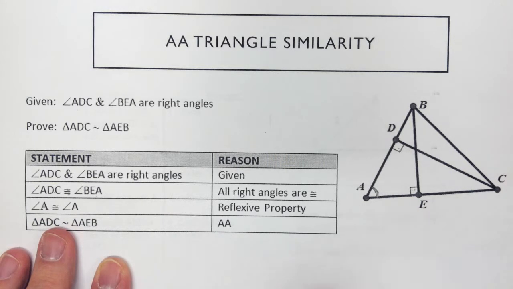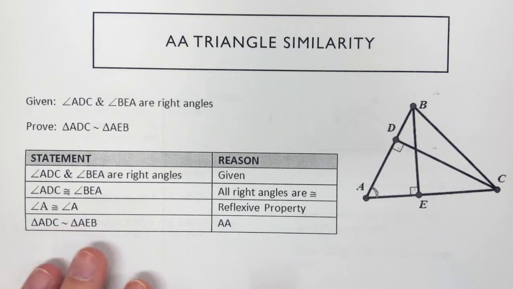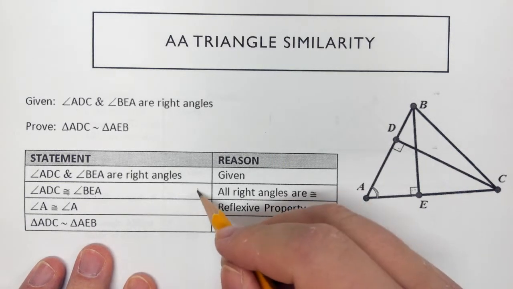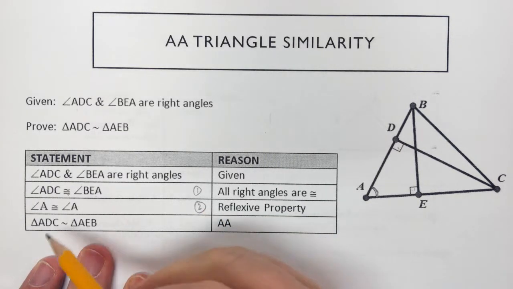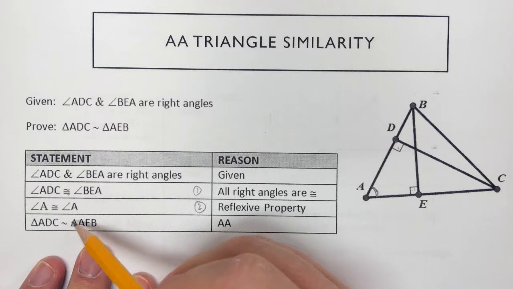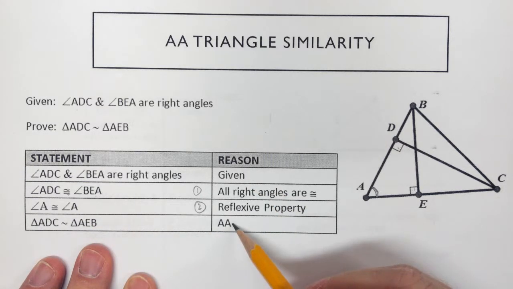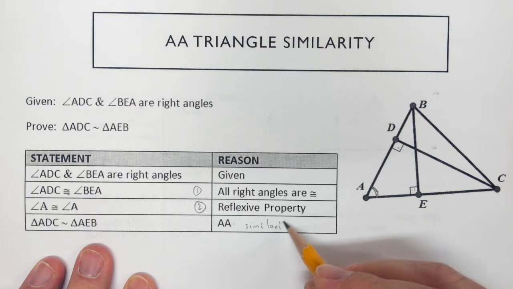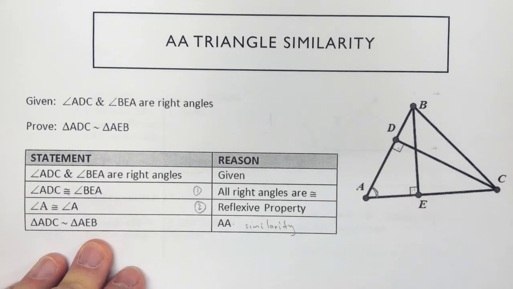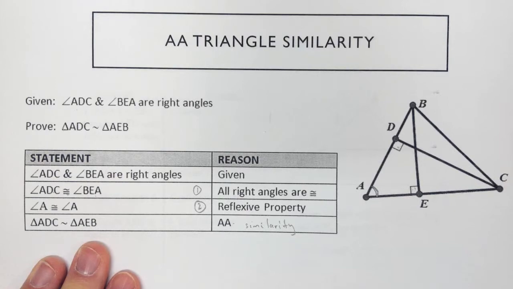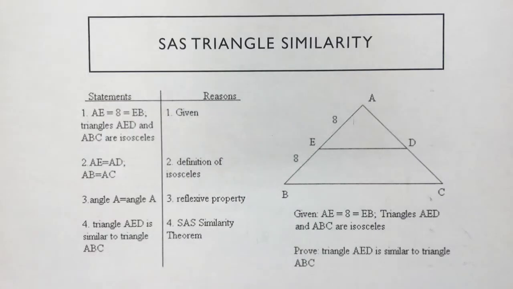Always be on the lookout for stuff like that, especially when triangles are overlapping. Now I've got 2 angles, and that's all I need, and I can say that triangle ADC is similar to triangle AEB by angle-angle similarity. Easy peasy. 2 angles congruent to one another, angle-angle similarity.